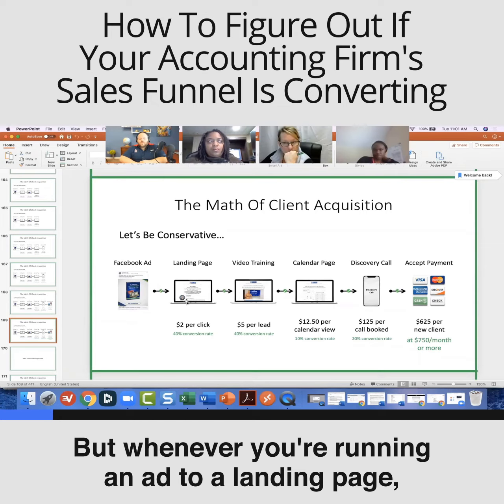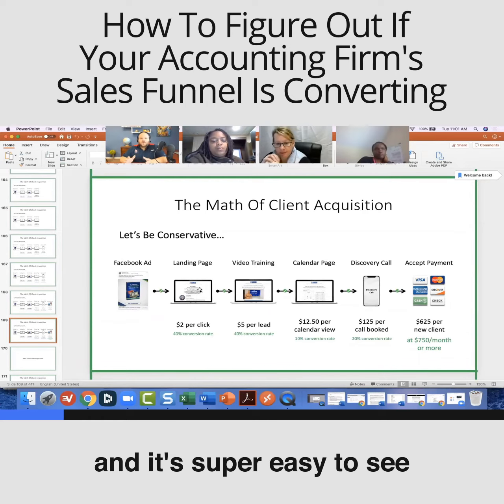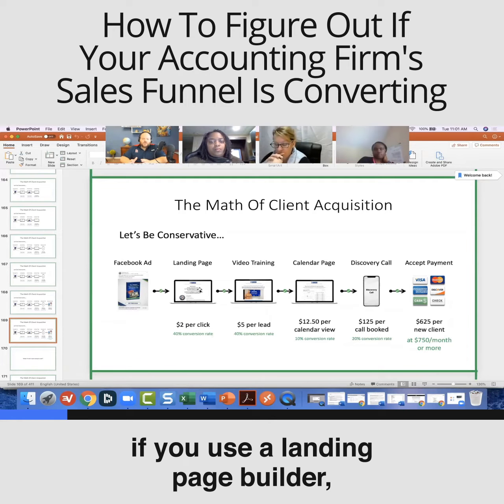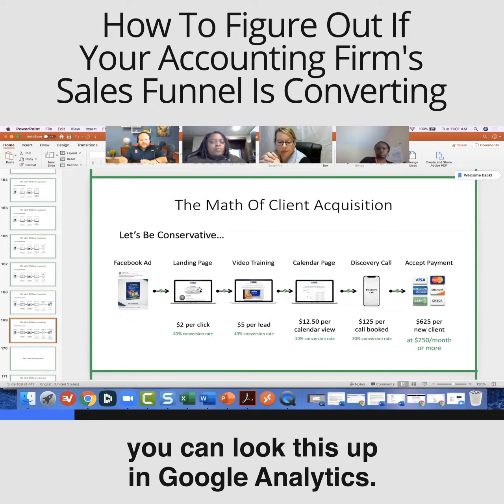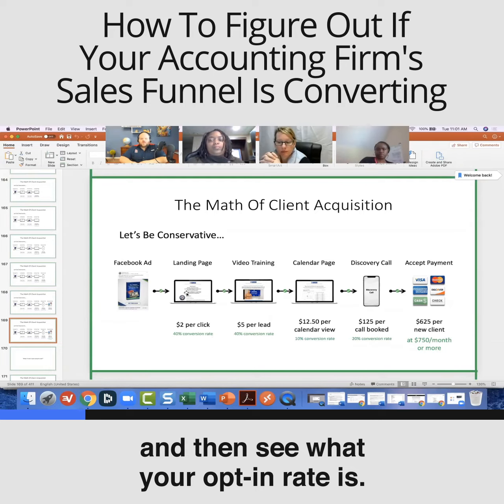But whenever you're running an ad to a landing page, get 100 visitors to your landing page, and it's super easy to see. If you use a landing page builder, you can look this up in Google Analytics. Get 100 visitors and see what your opt-in rate is.